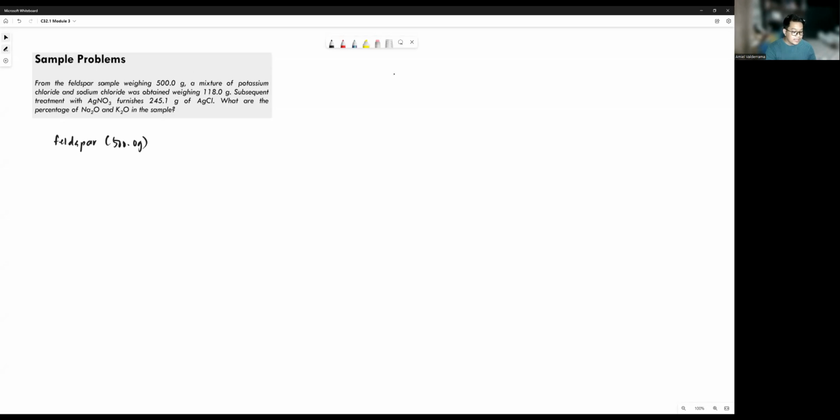You have treated this feldspar, and upon treatment, you yield a mixture of NaCl and KCl. And the mixture of NaCl and KCl is around 118.0 grams.